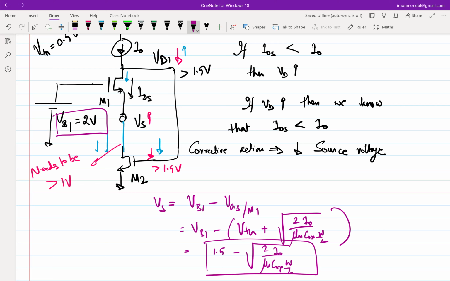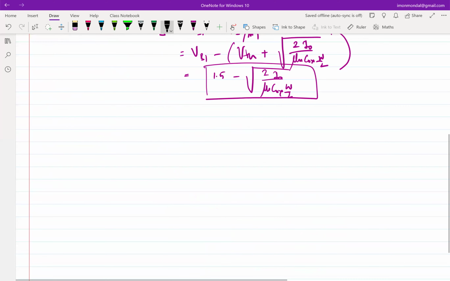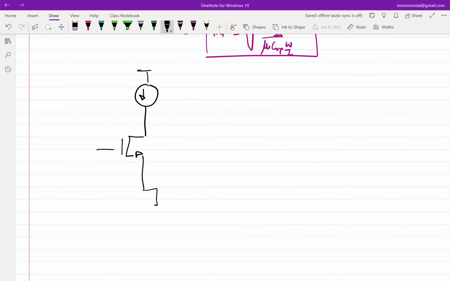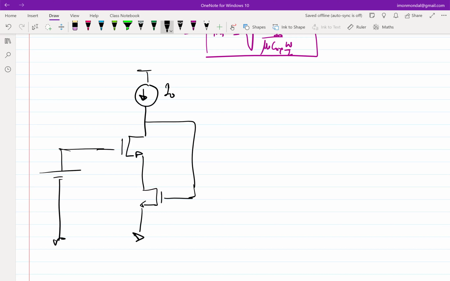Okay, fine. So let's think about this in this way also. So let me redraw this network. So let's take his point that we can change I0.